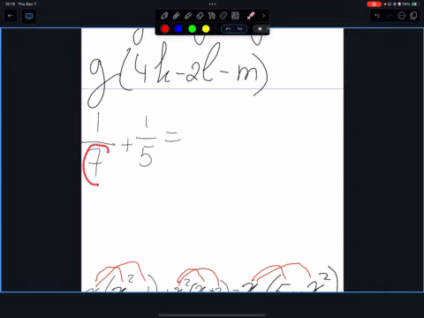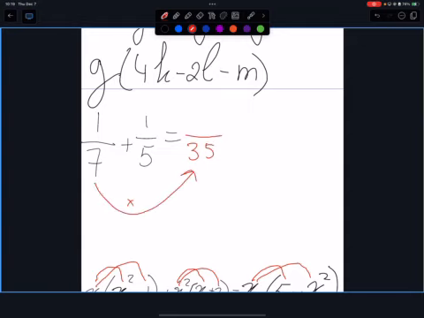You cannot add a 7th and a 5th. It is not possible. You need to look for a common denominator. So a number in the table of 7 and 5, which is 35.